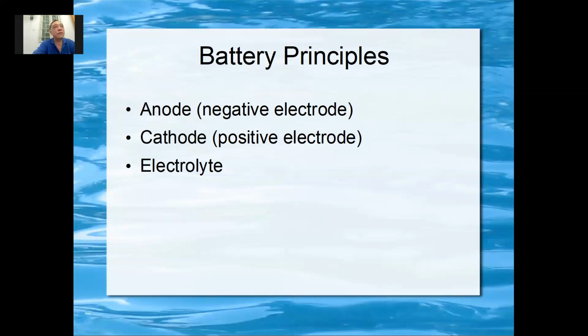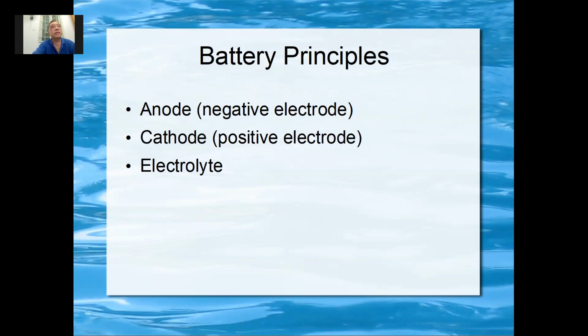But after some time, you don't know which side is anode, which side is cathode. But positive, negative, you know. You look at the battery, you know where the positive and the negative are, because there's a plus sign and a minus sign. But there's no sign for anode. And then electrolyte is a chemical in between, so that it can conduct ions.